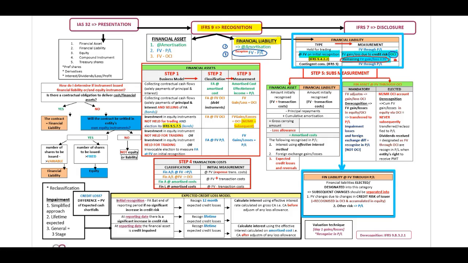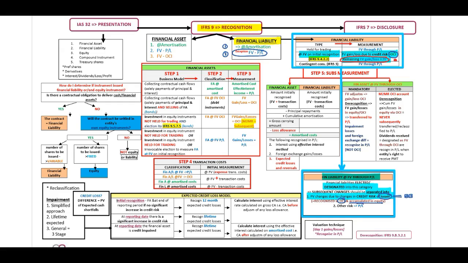If we have our financial liability at fair value through OCI, elected, designated, remember they've indicated this to us, subsequent changes should be separated into fair value changes due to changes in credit risk of the issuer. Remember, our issuer in this question is BB. Recognized in OCI and accumulated in equity.